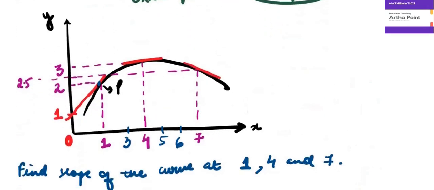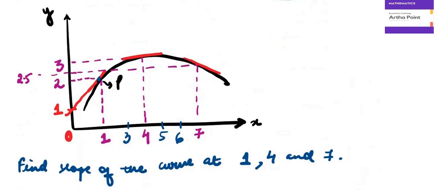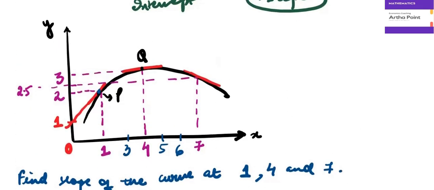Now, again, think for a second. Tell me what will be the slope at Q. What will be the slope at Q? Very simple. See here, at Q, my coordinate is 4, 3.